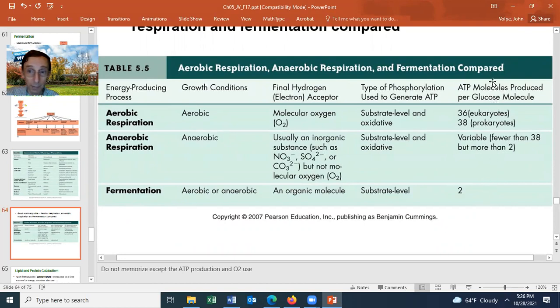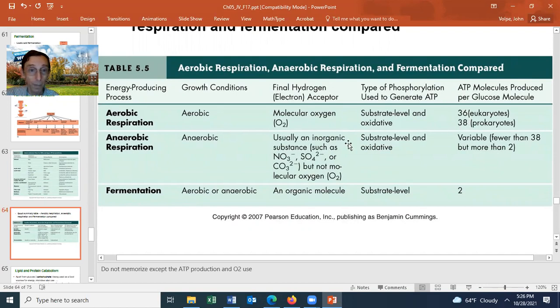And this part of the table you should know. Fermentation generates only 2, and they're made in glycolysis. Anaerobic respiration is more than 2, but fewer than 38. And then aerobic respiration generates 38 ATP per molecule of glucose in prokaryotes and 36 to 38 in eukaryotes.